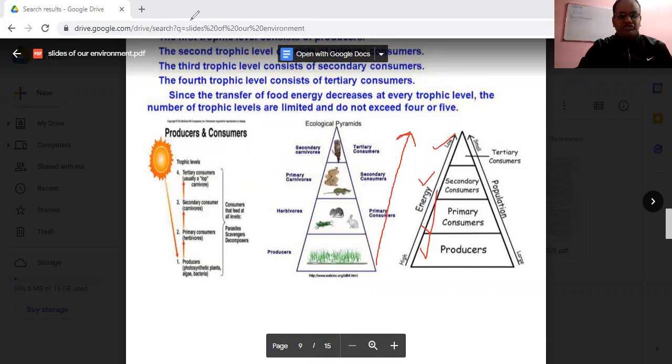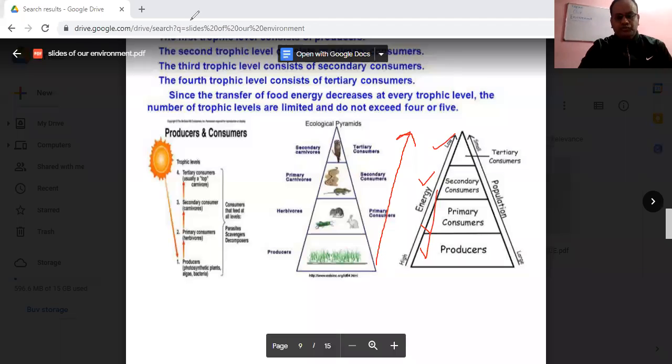What will happen to the energy of each trophic level? Well, it will decrease as we are moving from bottom towards the apex. Very good. Yes, correct. All the students have given the correct answer. It will decrease, definitely.